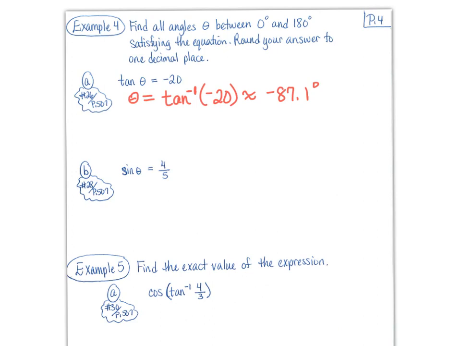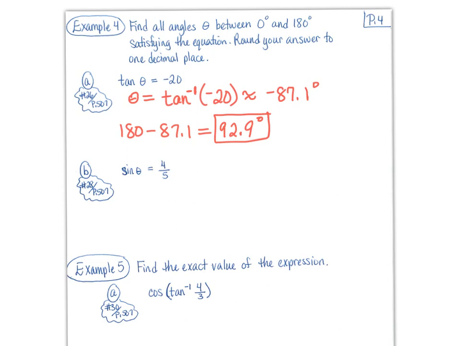So you would have 180 minus 87.1. That gives you what? 92.9 degrees. That would be the only solution in the interval 0 to 180 degrees.